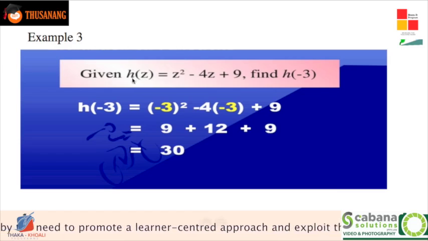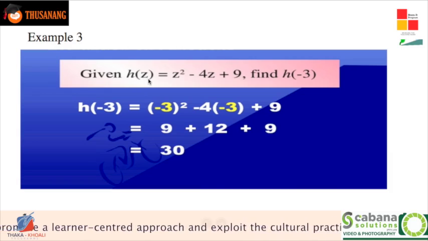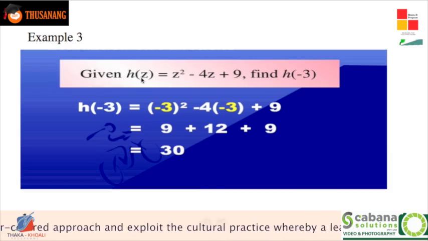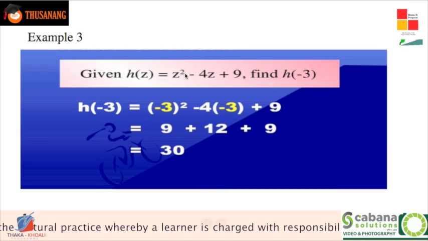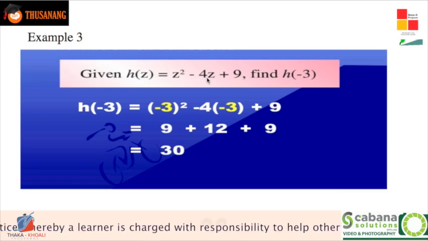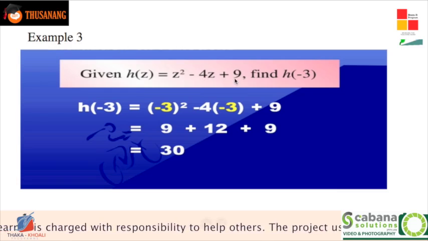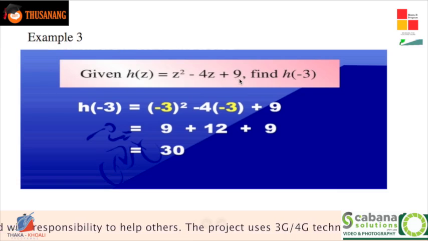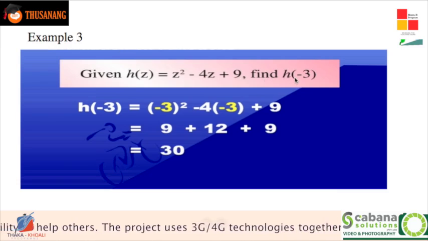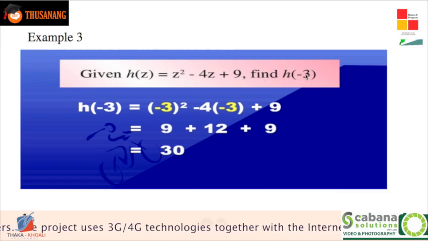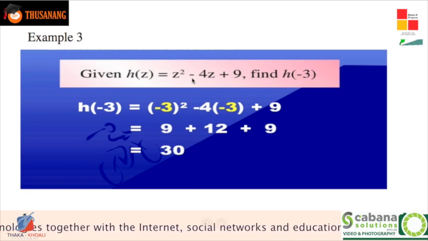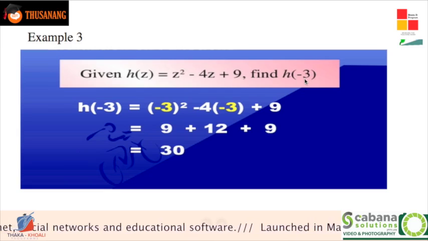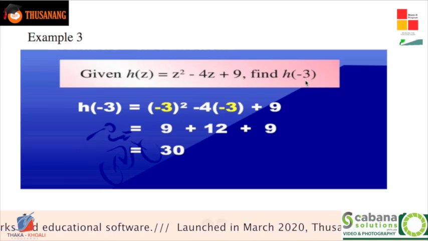That is why here we have h of z, being equal to z raised to the power of 2 minus 4z plus 9. So we have to find h of negative 3. So in place of z in our function h of z, we are going to put negative 3.